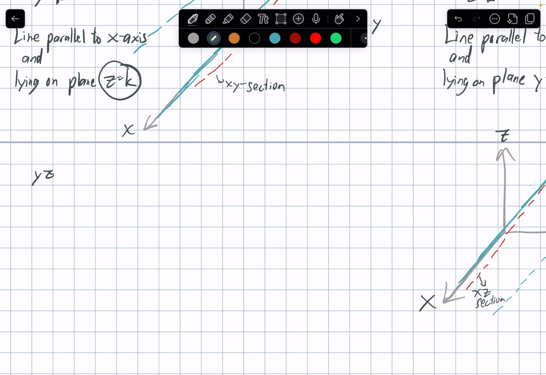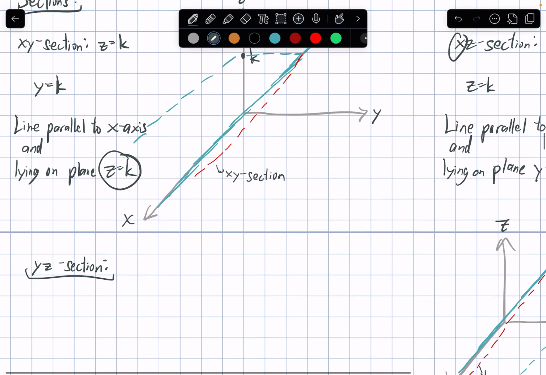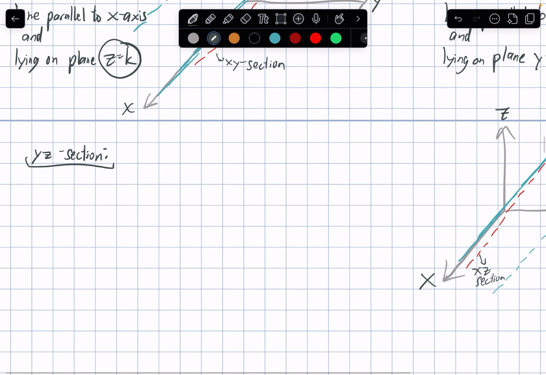Now let's draw the YZ section. X is equal to k.